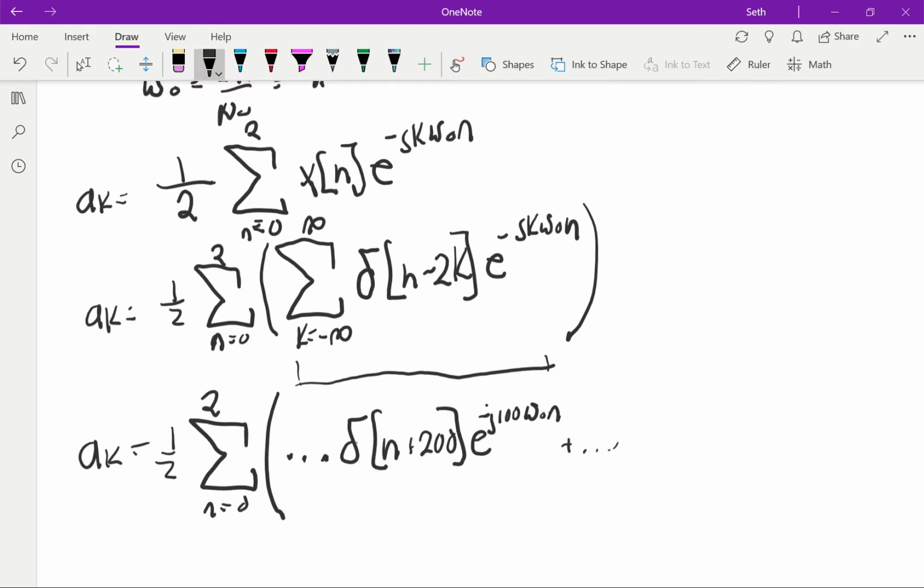And eventually we'll get to k equals 0, and that's delta n times e to the 0, and then we'll get to k equals 1, and then these signals get shifted rightward.